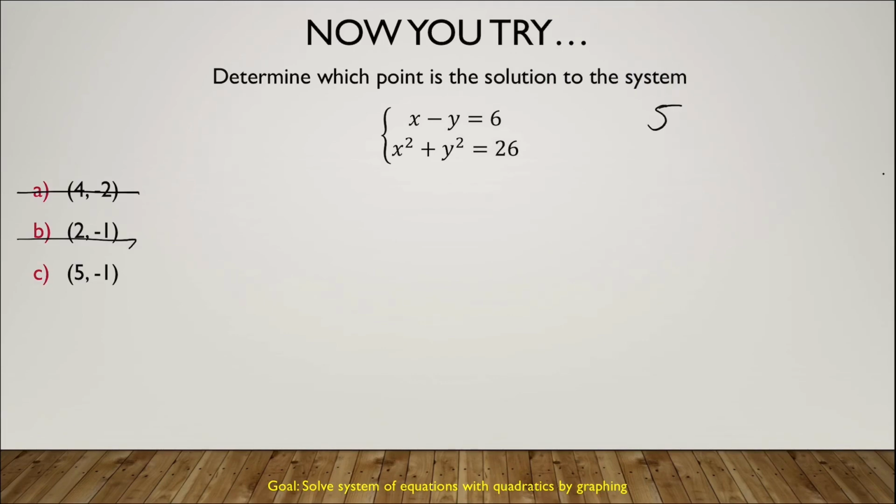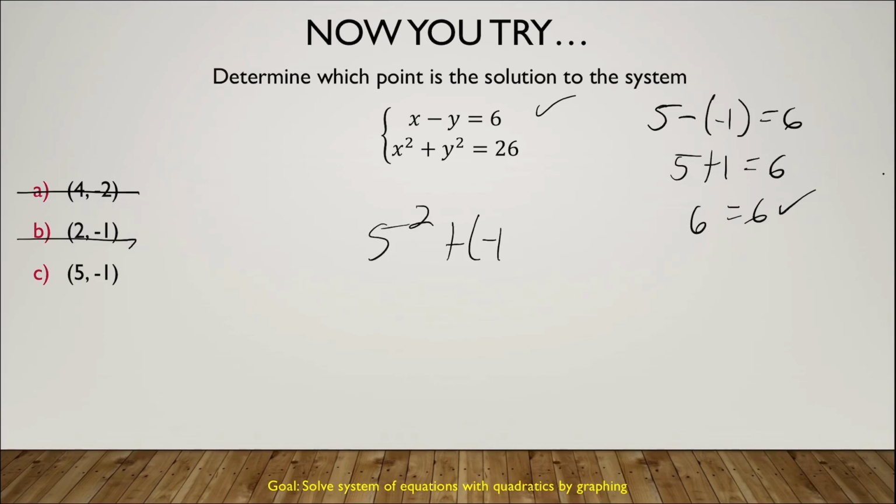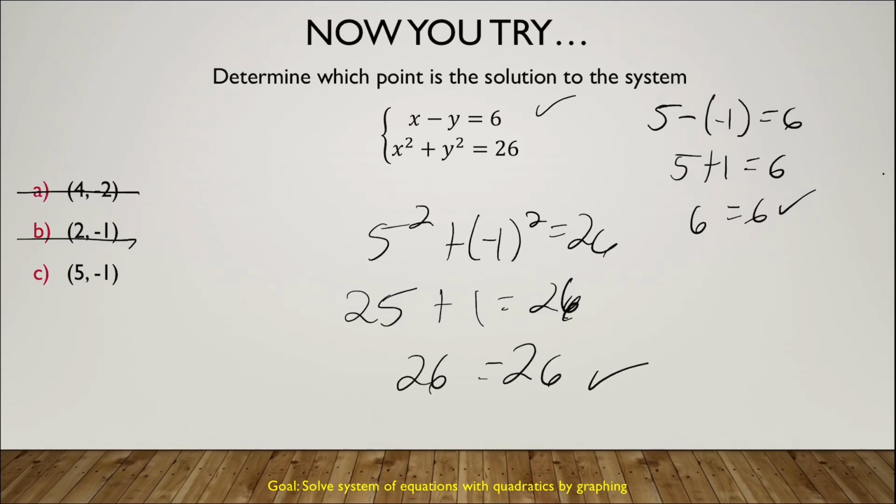So we have 5 minus negative 1 equals 6. 5 plus 1 equals 6. 6 is equal to 6. That's true. Then we get 5 squared plus negative 1 squared equals 26. 25 plus 1 equals 26. 26 is equal to 26. That is true, so we know it's that one.